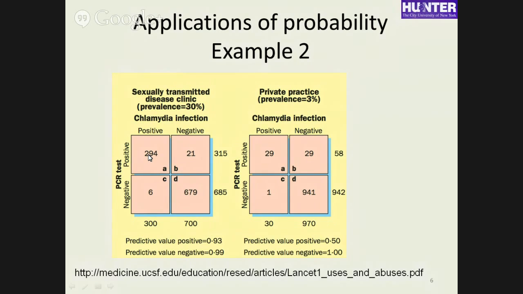So this is almost that case where if you have the infection, it almost certainly will tell you that you have it. But then among these negative cases here, it's actually pretty discriminative. Among those negative cases, only 21 of them tested positive out of 700.